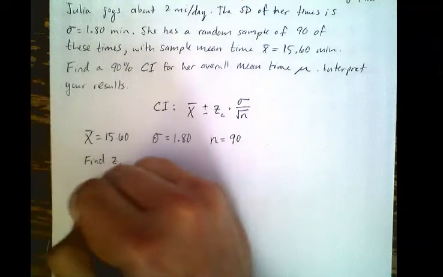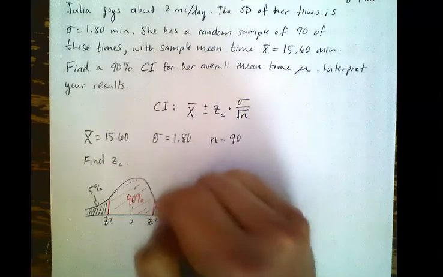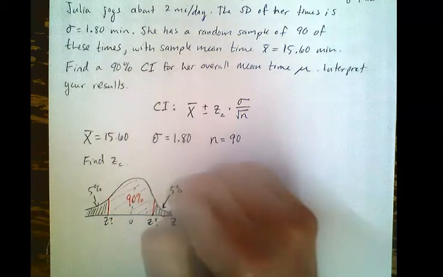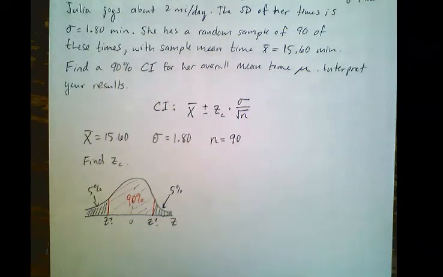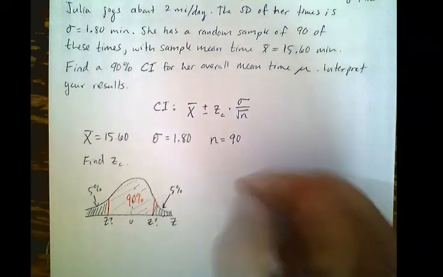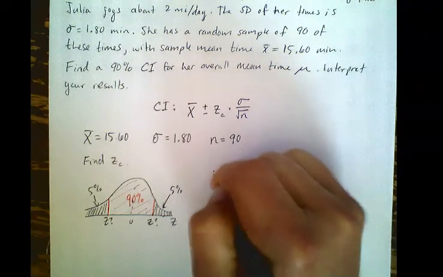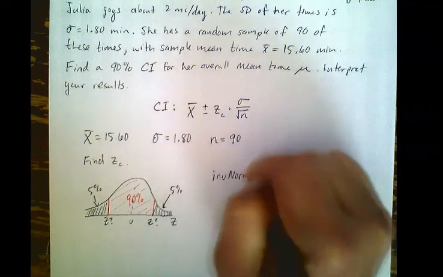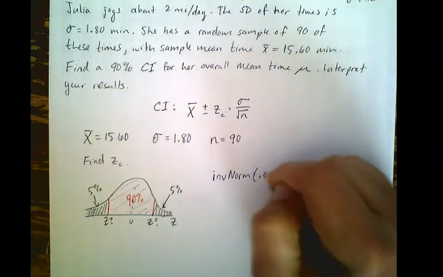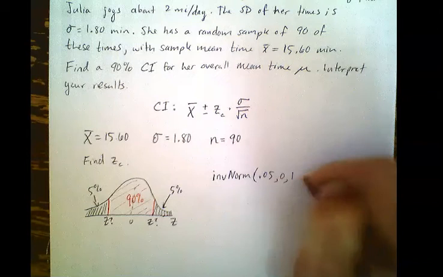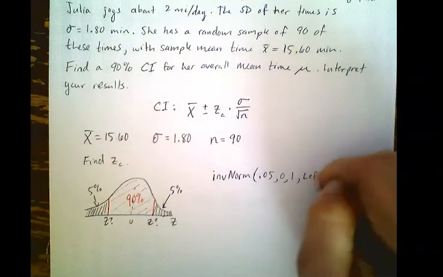Therefore, we would have 5% here and 5% there, or 0.05 as the area. So our z criticals can be found by using inverse norm of 0.05, 0, 1 left.